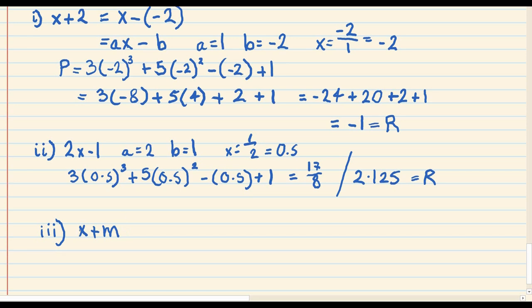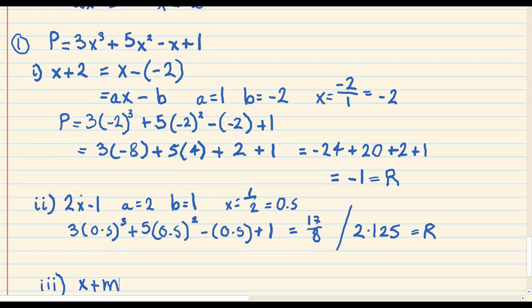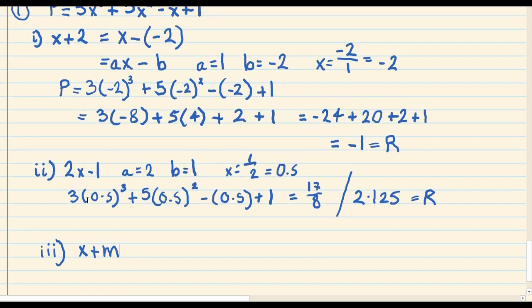Then last, a slightly more tricky one. In this case, you're dividing p, which was 3x cubed plus 5x squared plus x plus 1, by x plus m. So like previously, you first need to represent it in the ax minus b form, which gives you x minus negative m. Therefore, a is 1 and b is negative m.